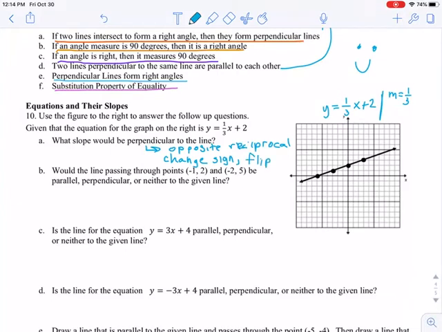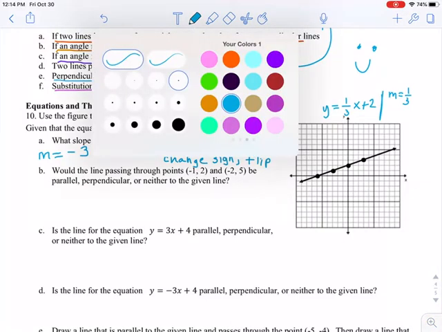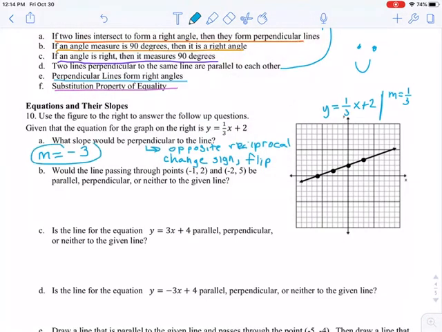So if the slope is 1/3, it's going to be -3. Technically -3/1, but just -3. That's the answer to part A.